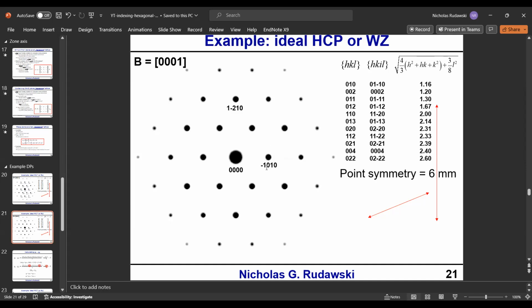That's a quick fix. I'm not even going to do more of these because that's pretty easy, but that's how you would reassign this. This is definitely one of the quintessential zone axes when you're dealing with hexagonal lattices.